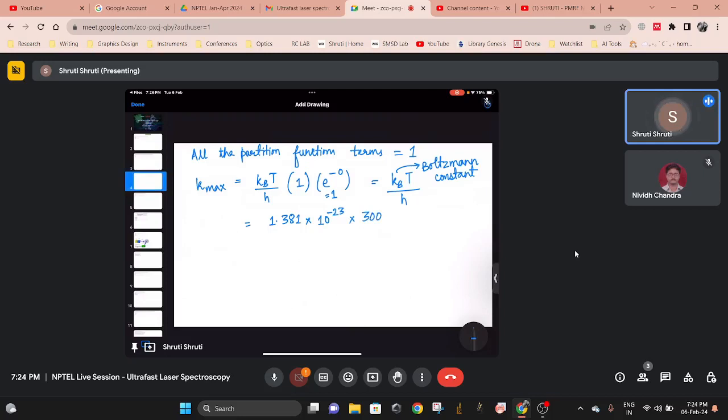So room temperature, K, divided by the Planck's constant, 6.626 into 10 to the power minus 34 joule second. If you do the calculation, this comes around 6 into 10 to the power 12 second inverse.